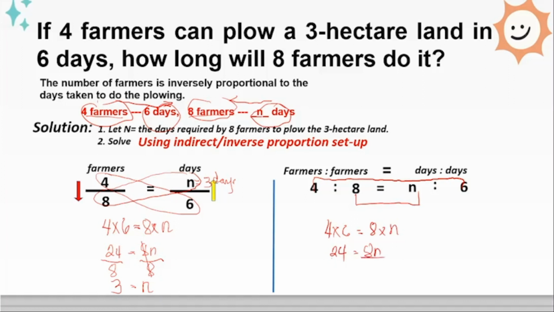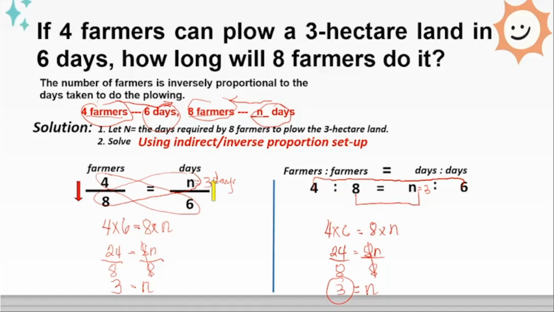Then, divide both sides of the equation by 8. So, cancel. 8 divided by 8 is equal to 1. Only n is left. 24 divided by 8 is 3. So, therefore, n here is 3 days. Okay. So, that's how we set up indirect proportion or inverse proportion. Observe how I set it up, using the indirect or inverse proportion setup.